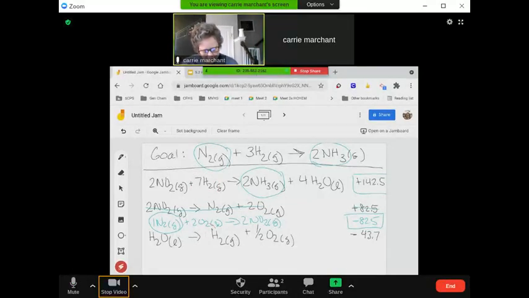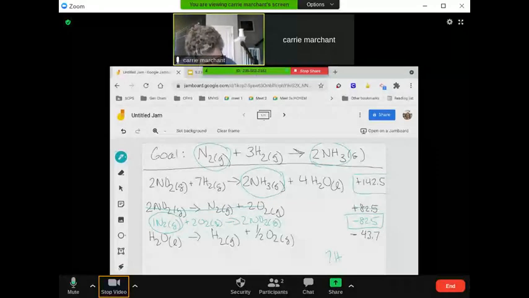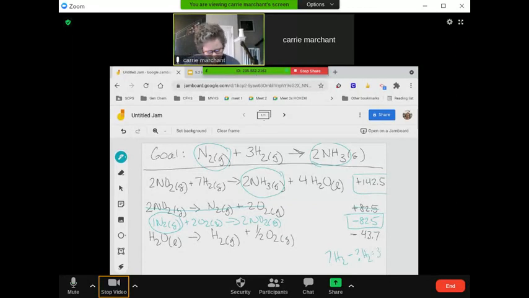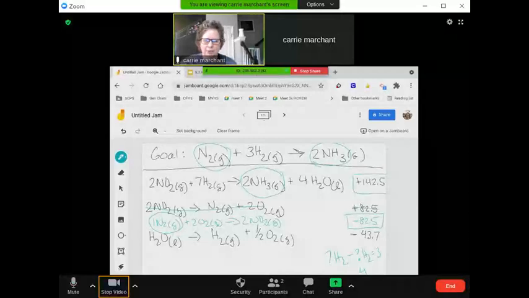Something times x plus 7 equals 3. Oh, actually, that would actually be a minus. Okay, 7H2 minus something times this hydrogen is equal to a 3. That means 7 minus 4 is 3.